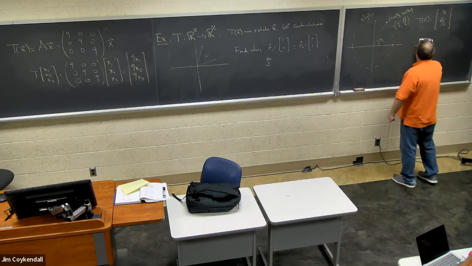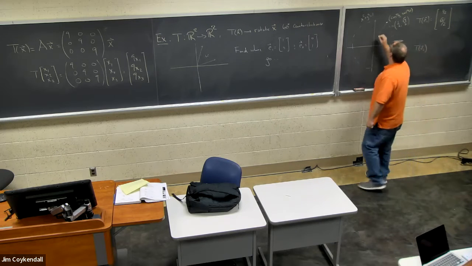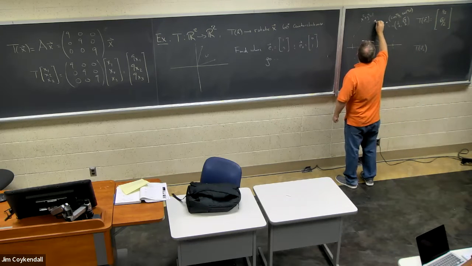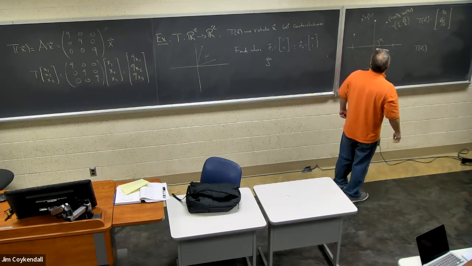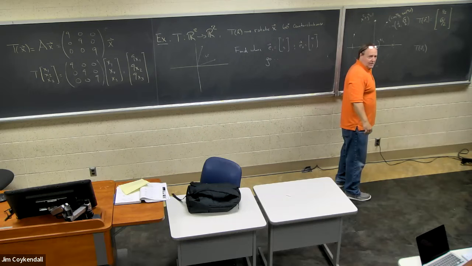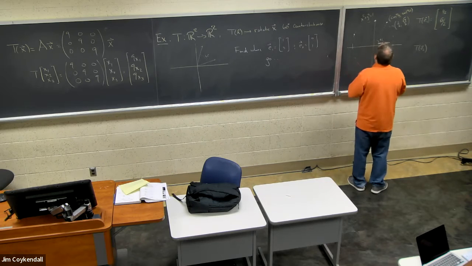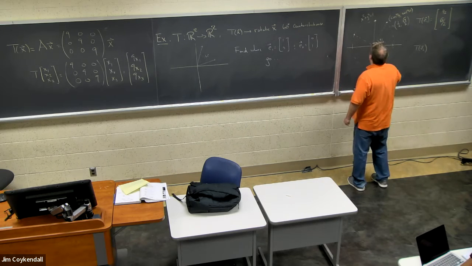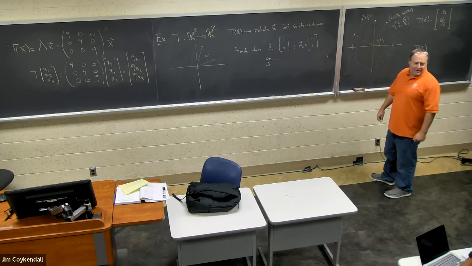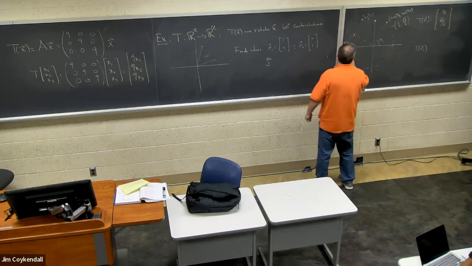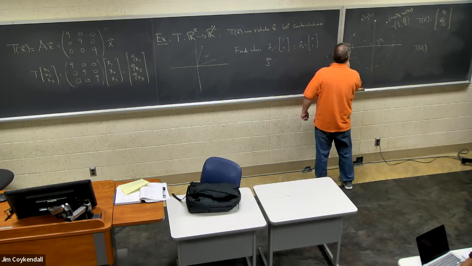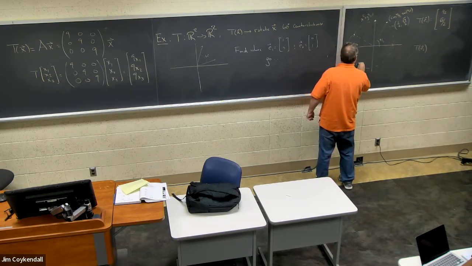Now, what we've got to do is figure out where T of E2 goes. This one rotates pi over 3 as well, right? So actually, I need to figure out the total angle here. What is the total angle? It should be the same thing, cosine of something and sine of something.